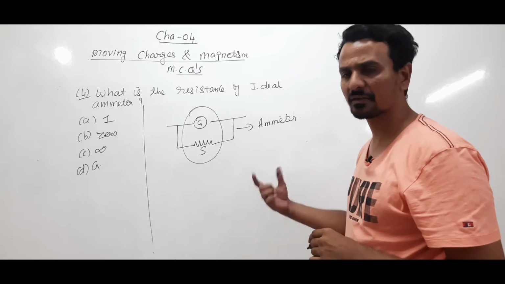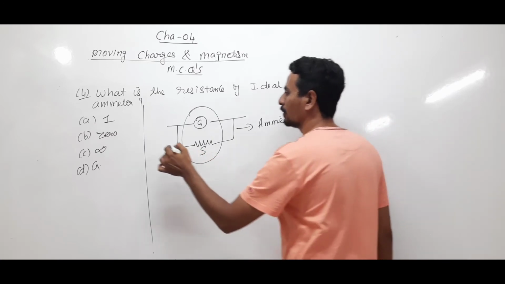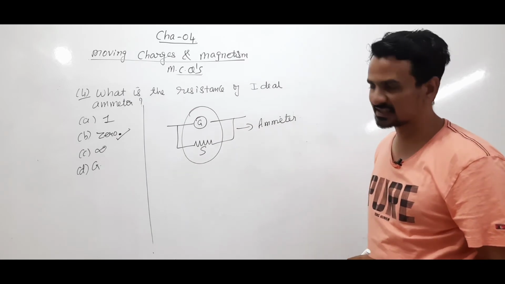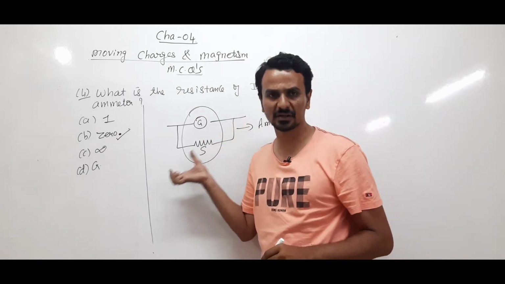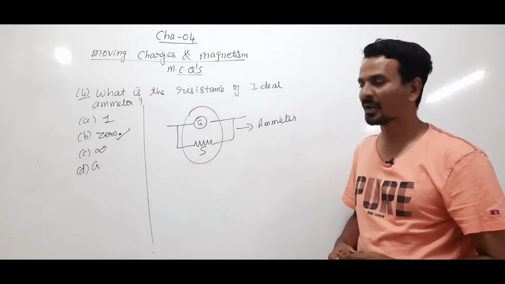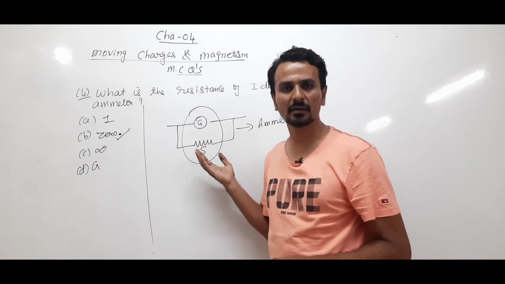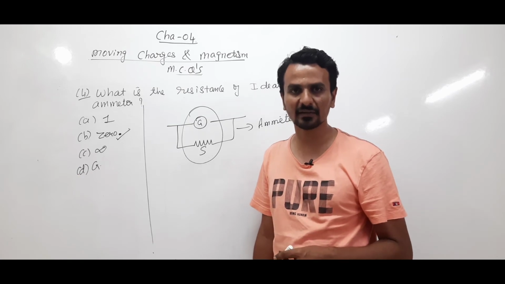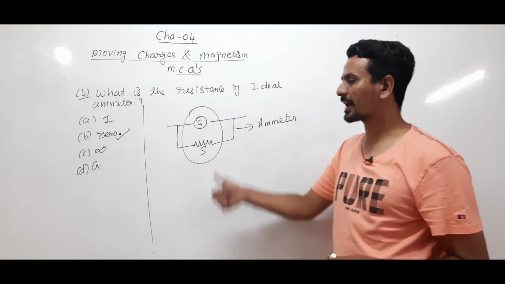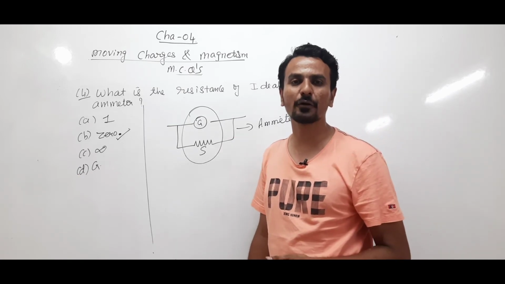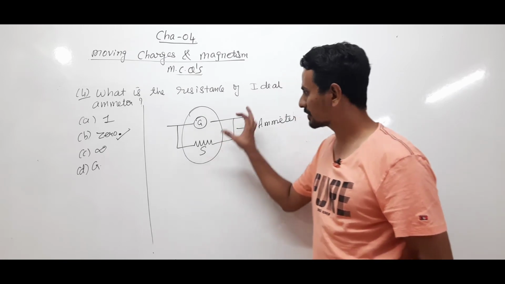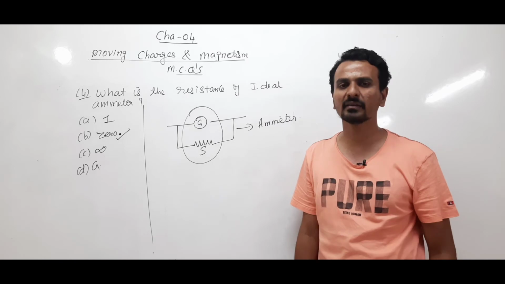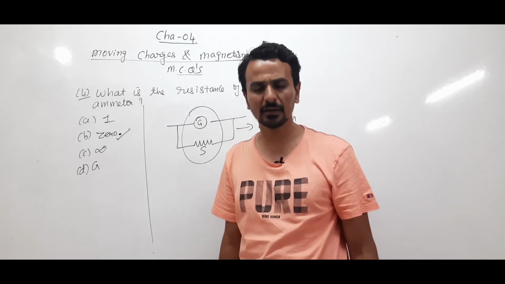And the resistance of this ideal ammeter will be 0. Shunt means a low value resistance which is connected to protect the galvanometer and to get the actual value of current, right? So this combination is termed an ammeter, and the resistance of an ideal ammeter is always 0. Fine. The next one.